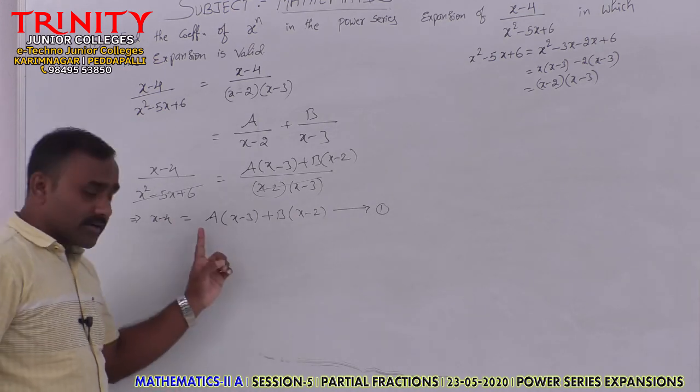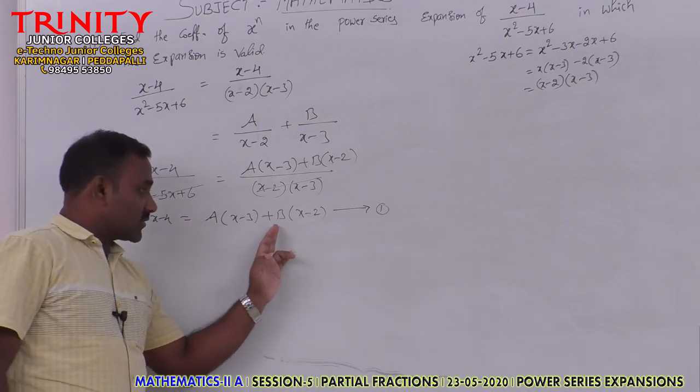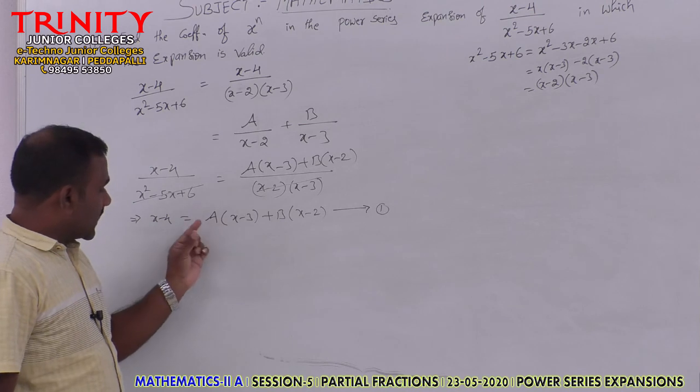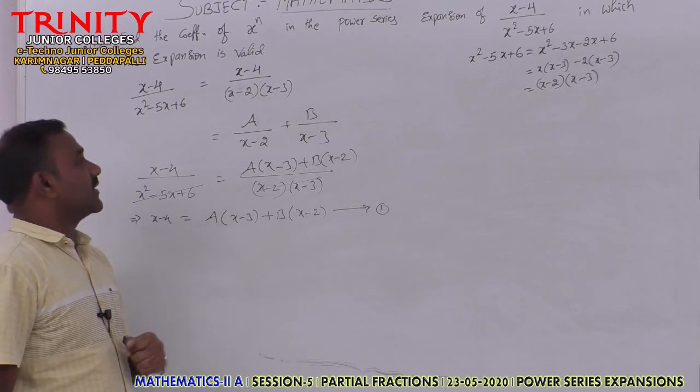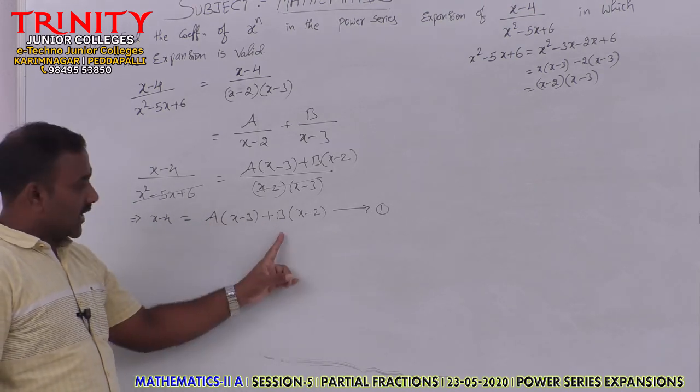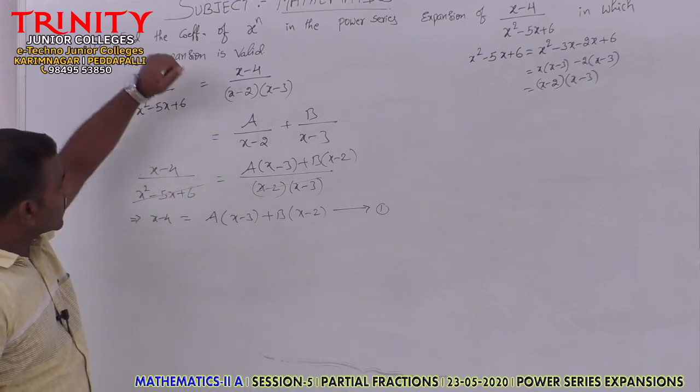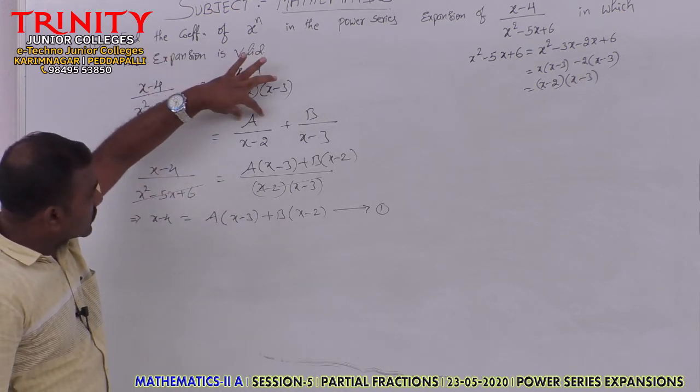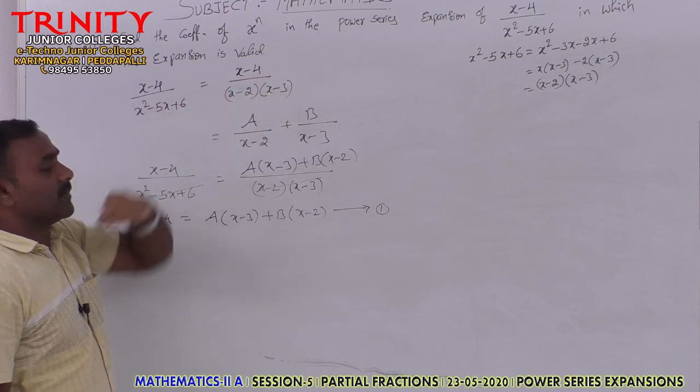Now we have to calculate the values of a as well as b. How to calculate the values of a and b? We already discussed in the last problem. To get a constant, make its denominator 0.